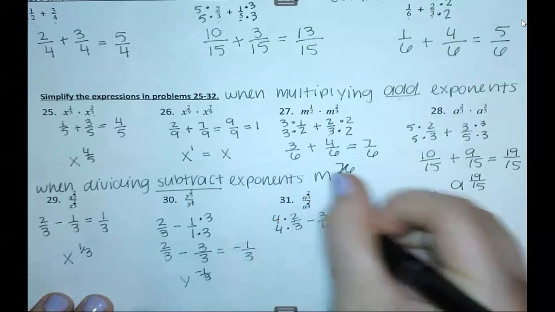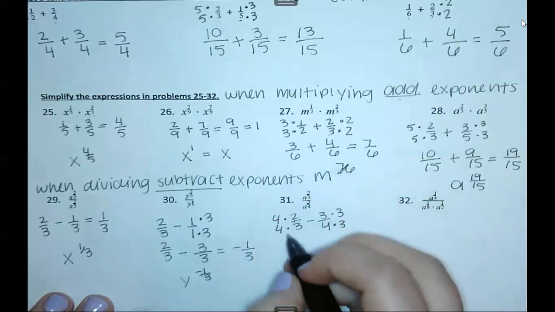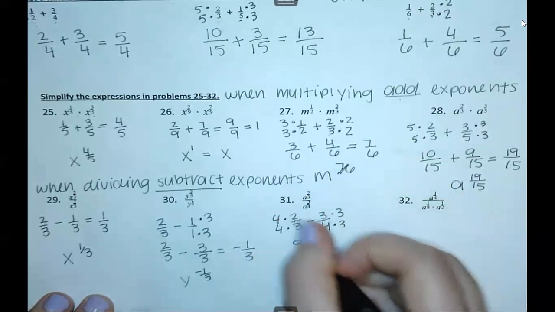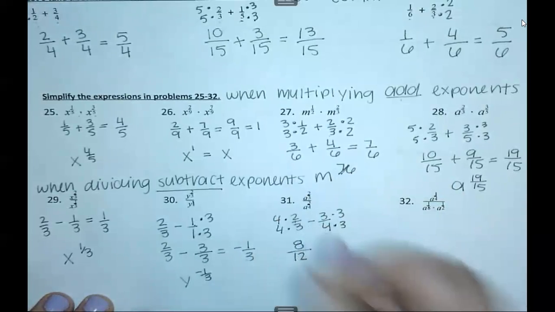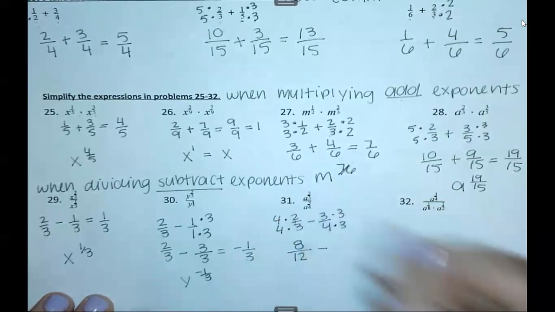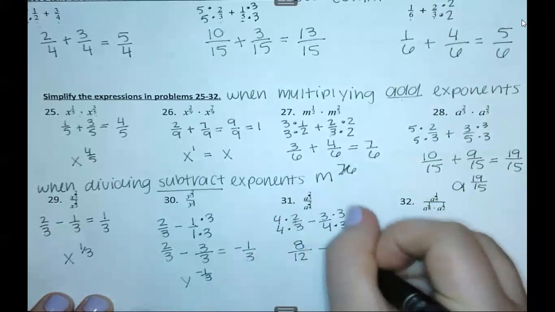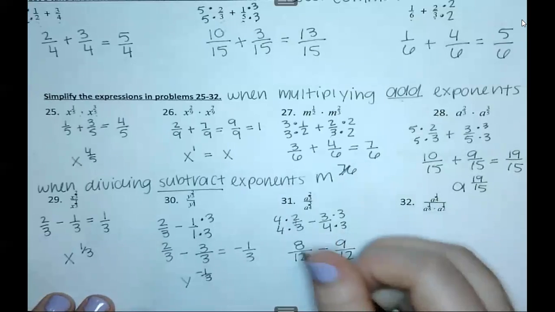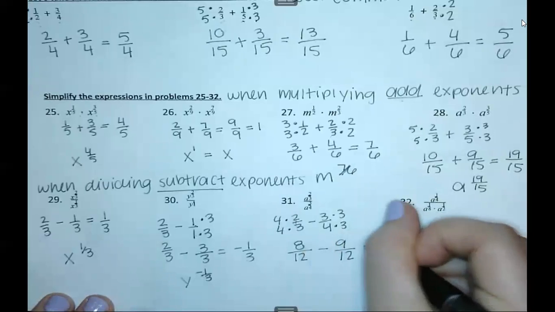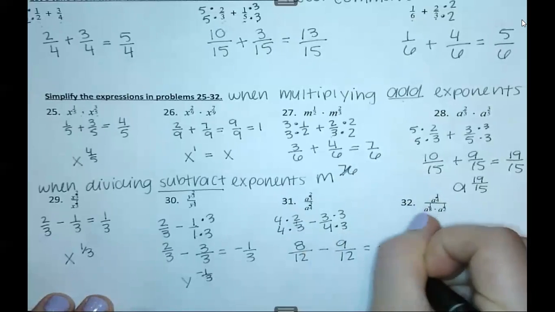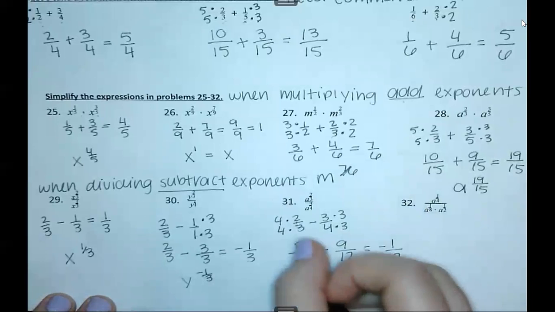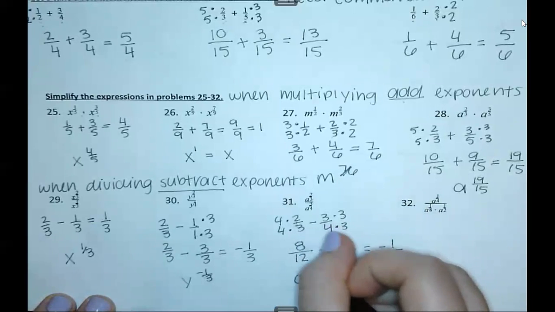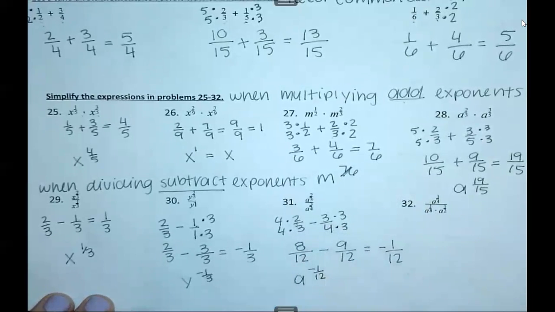This side by 3. So in the top I have 4 times 2, which is 8, over 12, minus 9 over 12. Now I can subtract. 8 minus 9 is negative 1 over 12. So my final answer would be a to the negative 1/12.